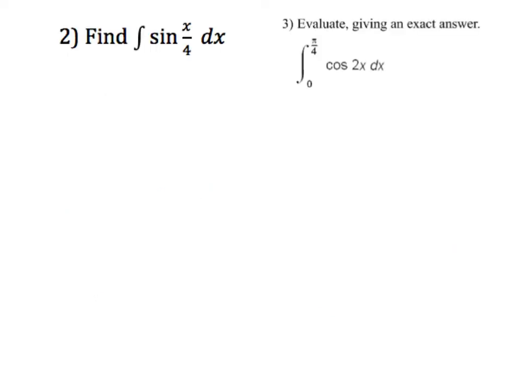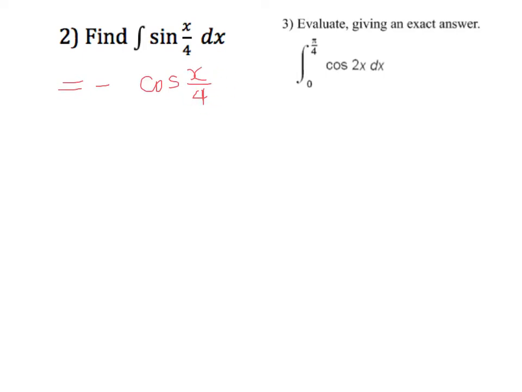Alright, so this question here is slightly harder. Let's have a look. The integral of sine of x on 4 dx. Now remember, sine integrates negative, so it's going to be negative, and we're going to have a cos. Keep the angle the same. Now remember, we have to divide by the derivative of x on 4, and the derivative of x on 4 is a quarter.